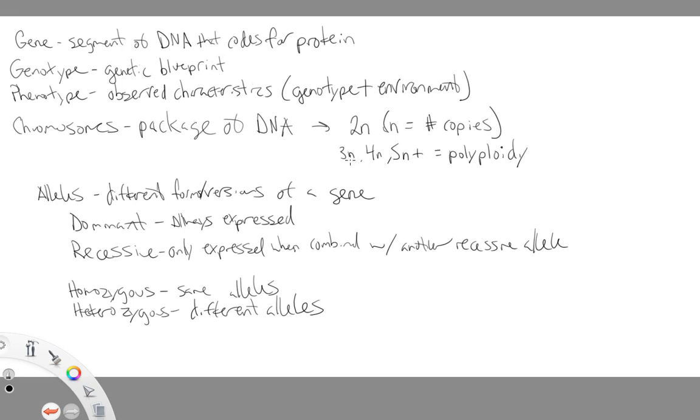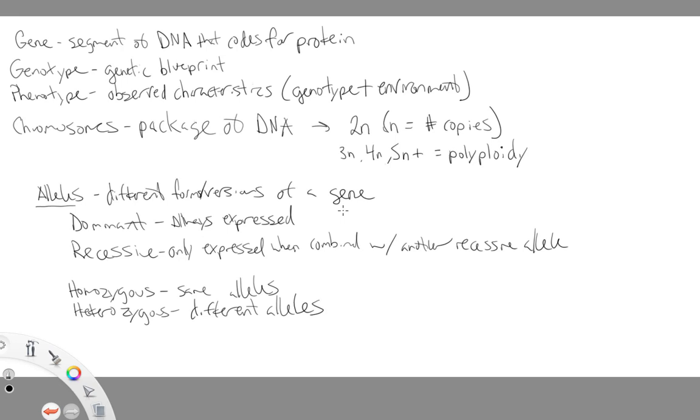Because we have two copies, for each of our genes we will have potentially two different forms or versions, and we refer to them as alleles. Our alleles, for the most part, can be either dominant or recessive. If an allele is dominant, it always expresses whatever trait it's coding for. I gave the example of flower color.